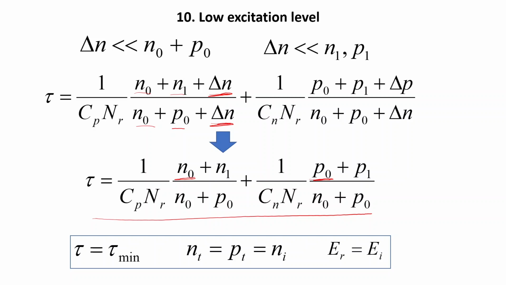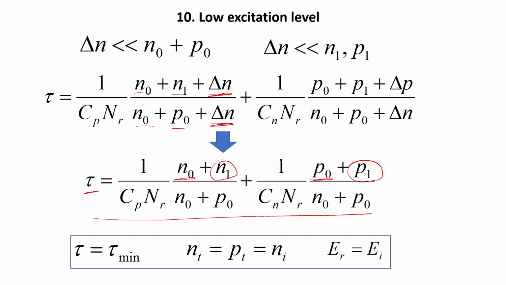Also on the band gap, because it will also determine the concentration of equilibrium charge carriers. However, we also have this N1 and P1. And from here, looking at this expression for tau, we can already make some important conclusions.